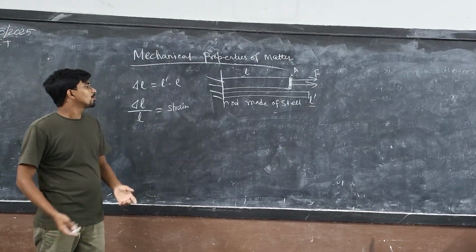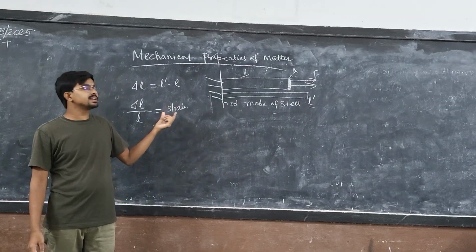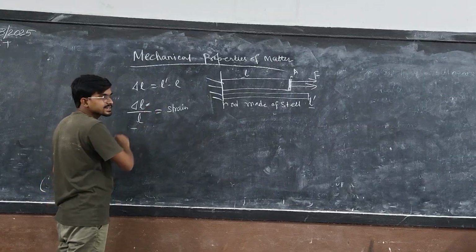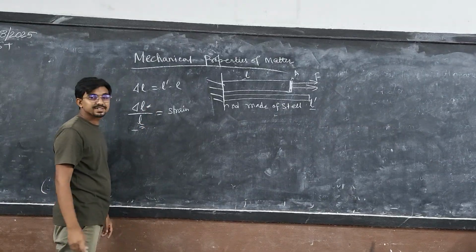So we have concluded two terms: one is strain and another is stress. Here you can easily say that the change in length is a length and the original length is also a length. So it is a ratio of two same quantities.